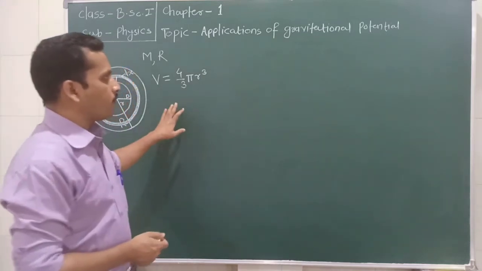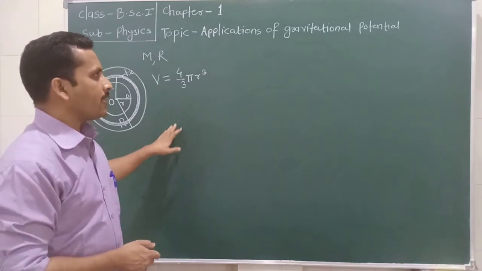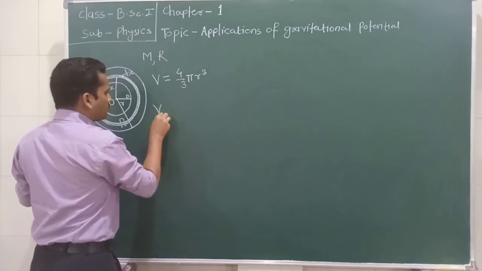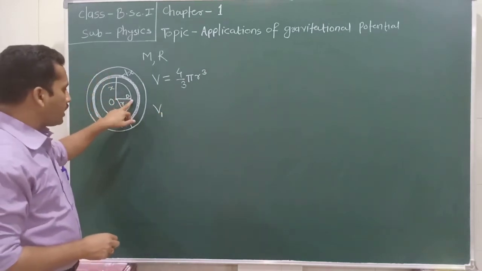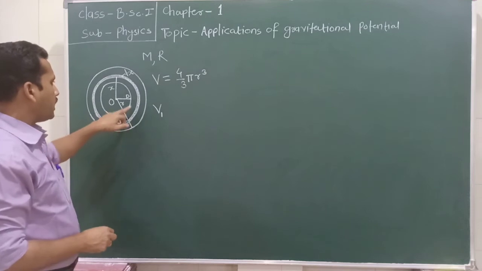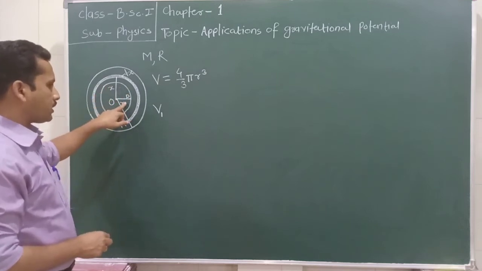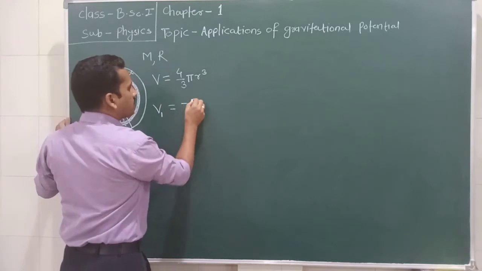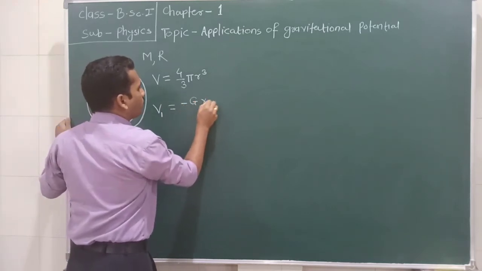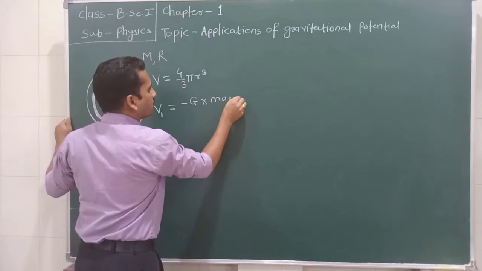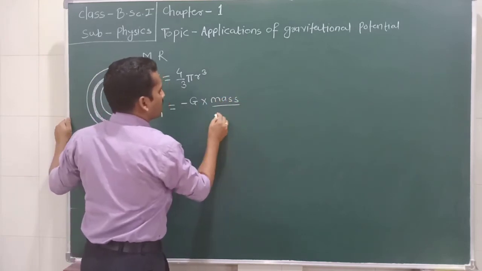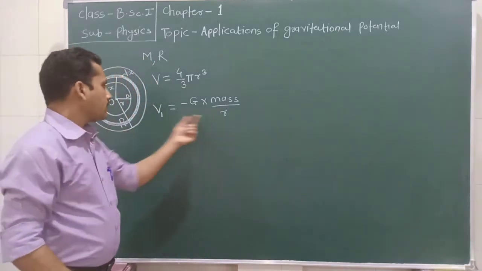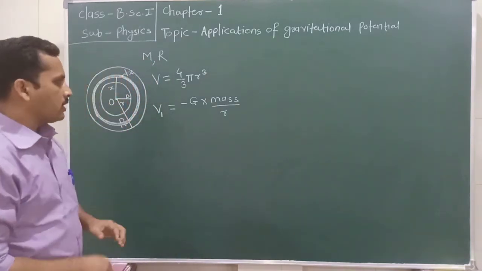First of all, what is the gravitational potential at point P due to this inner solid sphere of radius r? It is equal to minus G into mass divided by r. What is r? r is the radius of this inner sphere.